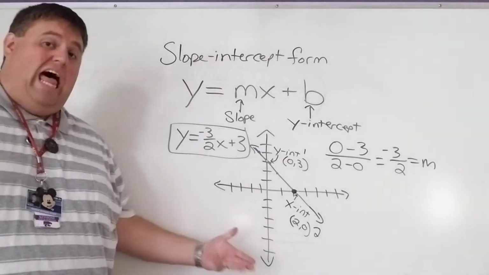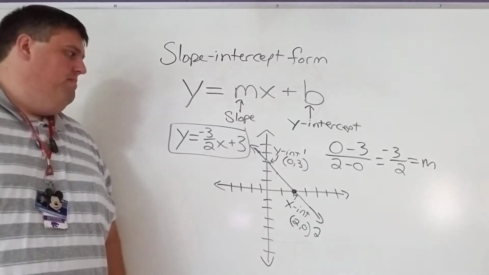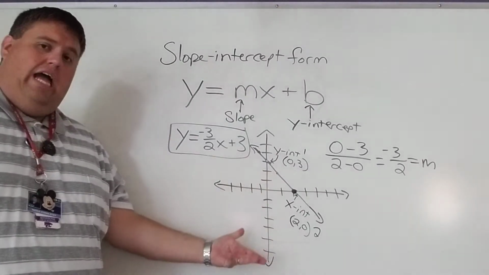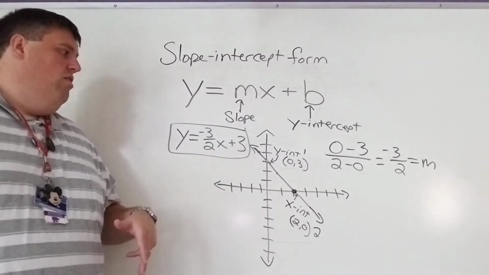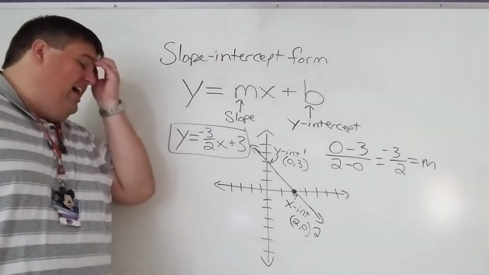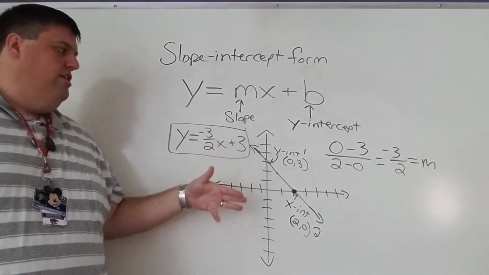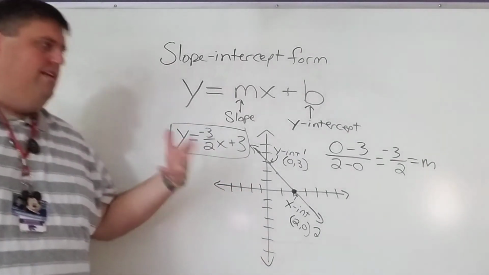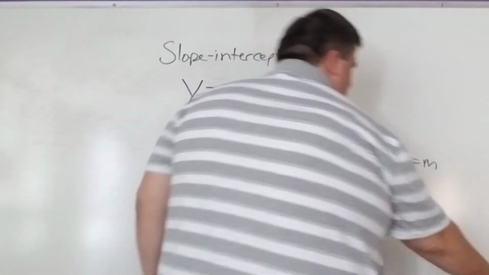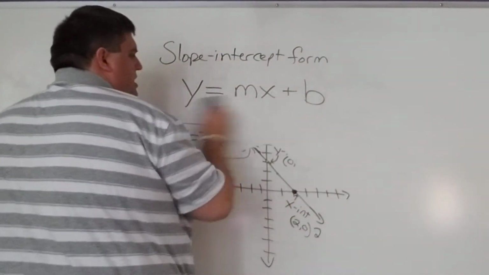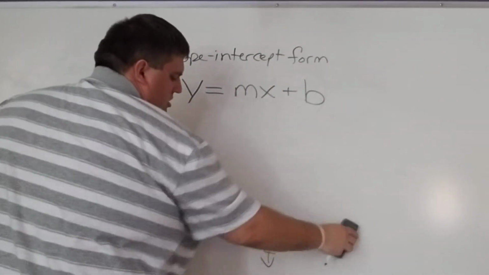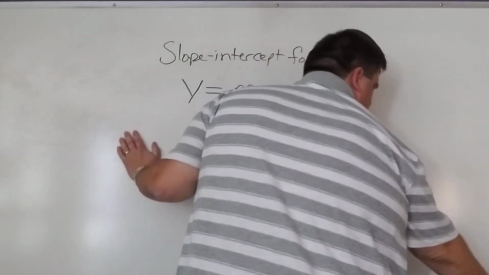We're going to be doing a lot of things with slope-intercept form. Either I give you a line and you do some stuff with it, or I give you an equation and then you make a line from that, whatever that looks like. But slope-intercept form, y equals mx plus b, is going to be how all of this stuff works.